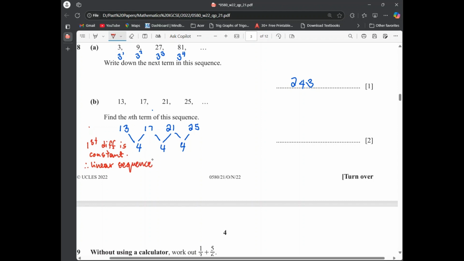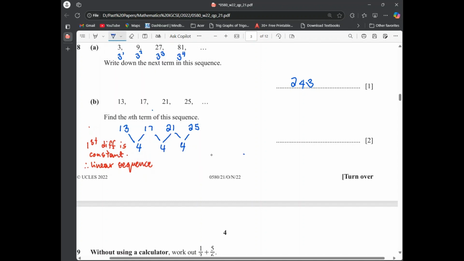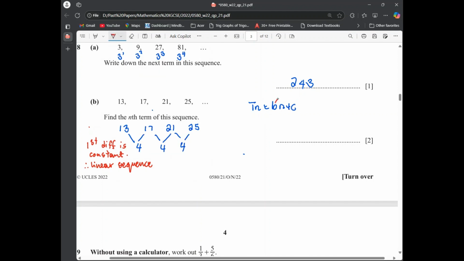Now, for a linear sequence, I'm going to use the formula Tn is equal to Bn plus C, where B is the common difference. In this case, we found it to be 4, and C is term 1 minus the common difference.